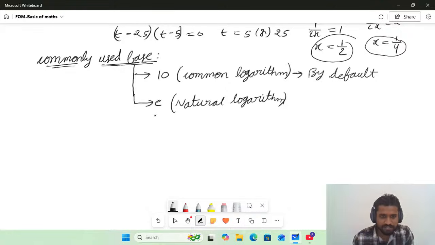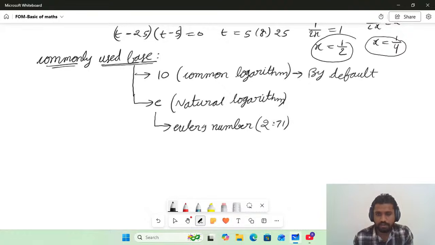And what is E called here? Here E is called Euler's number. And what is the value of E? Value of E is approximately 2.71.